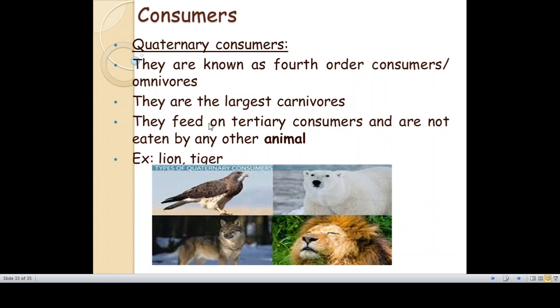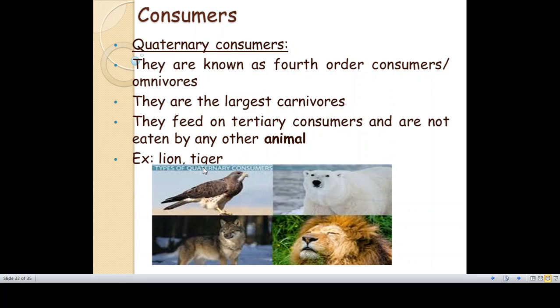For example, lion and tiger will feed on another organism by the process of the food cycle. Maybe they will feed on any organism which is herbivorous, or any organism which is carnivorous. But these organisms will last themselves unless and until they die.